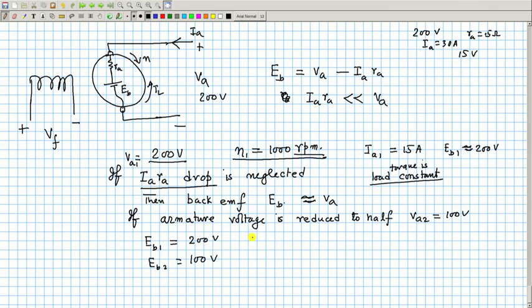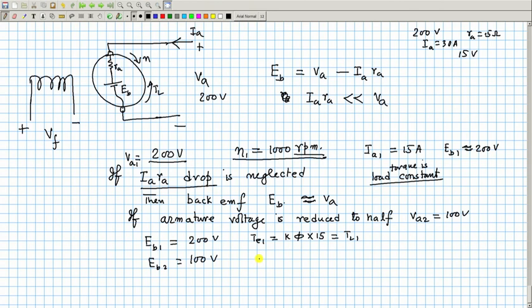What was the electromagnetic torque? It was equal to K phi into 15 ampere, and that was equal to the load torque, steadily it was running.